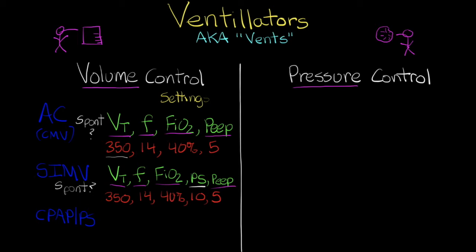There's a chart out there that shows, for each ET tube size, how much pressure is required to overcome that resistance. But generally with a pressure support of 10, you're going to be at or above most size ET tubes, so that when the patient goes to breathe, they're not having to deal with any of the resistance of that ET tube.